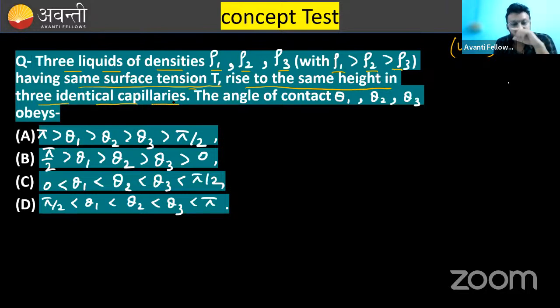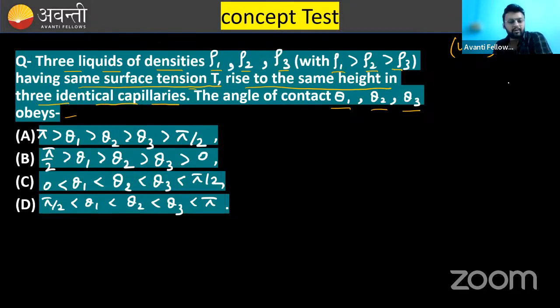The angles of contact theta 1, theta 2, and theta 3 obey one of four relations mentioned here. So you need to take one correct relation.